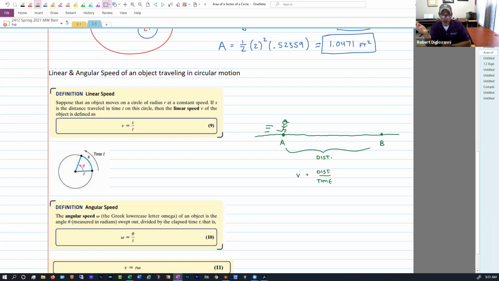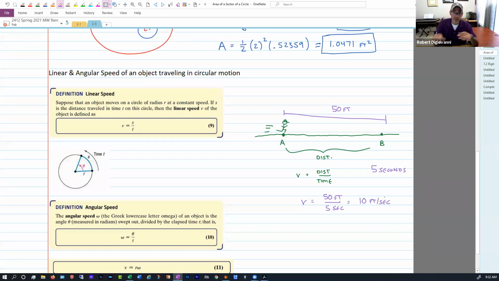Let's say this distance was 50 feet, and you ran that distance in 5 seconds. Then your velocity would be 50 feet divided by 5 seconds, which means you were traveling 10 feet every second on average. So this is an average speed, 10 feet per second. Velocity is distance over time. Everyone comfortable with that idea?